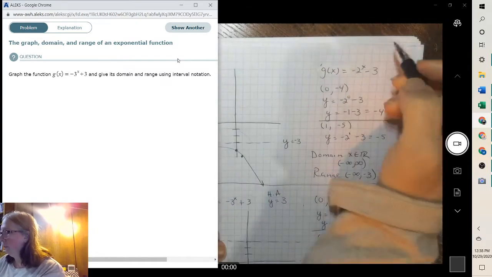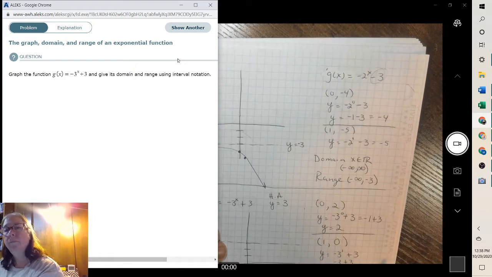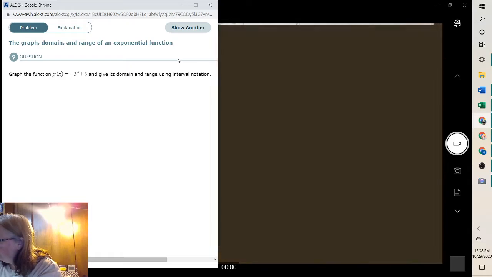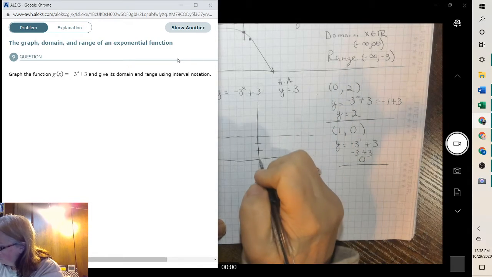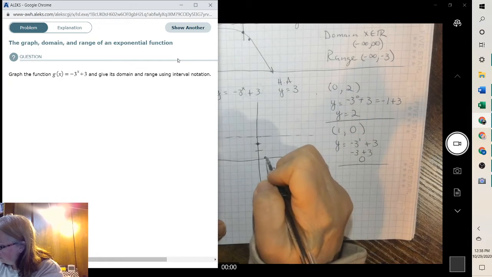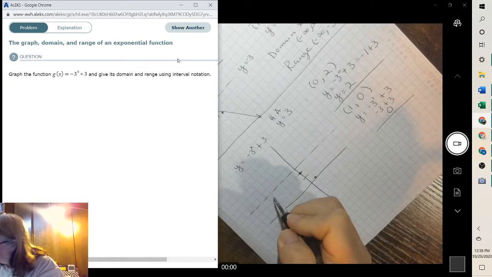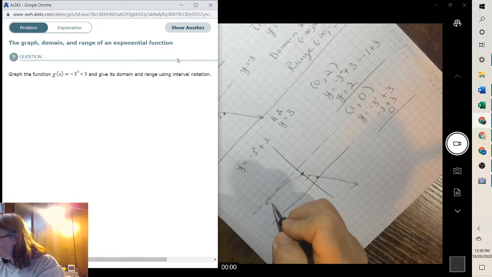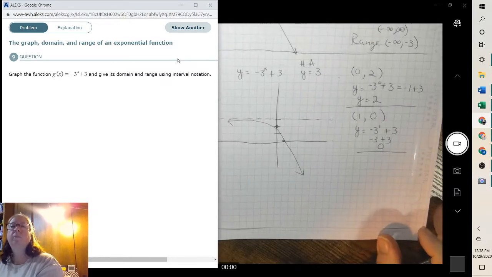This one was a -3. So we graph these 2 points 0, 2 here, and 1, 0 here. And you can see the graph's going to go. That's it.